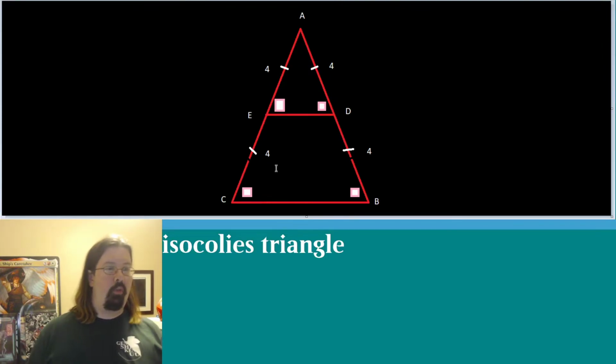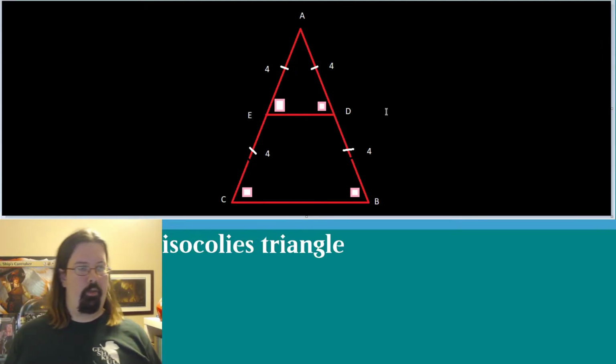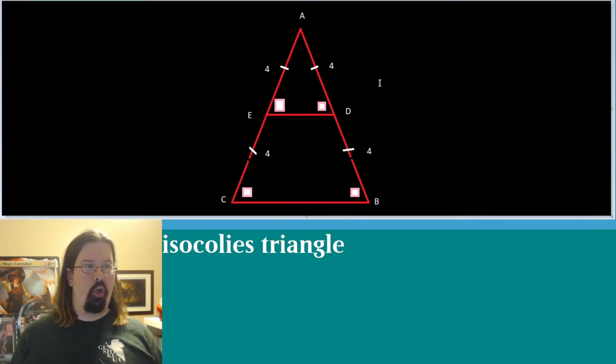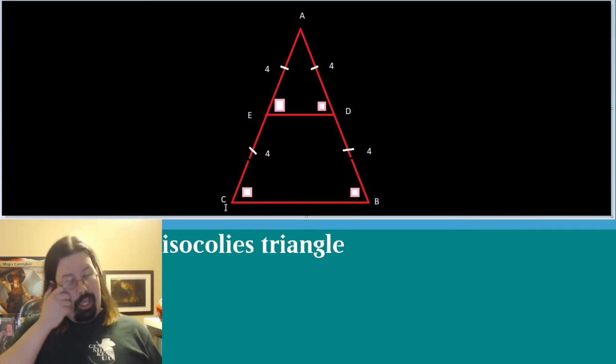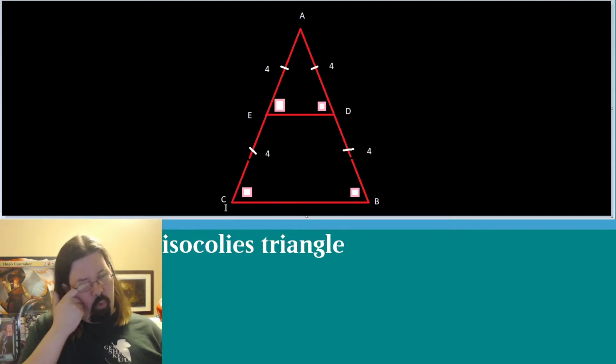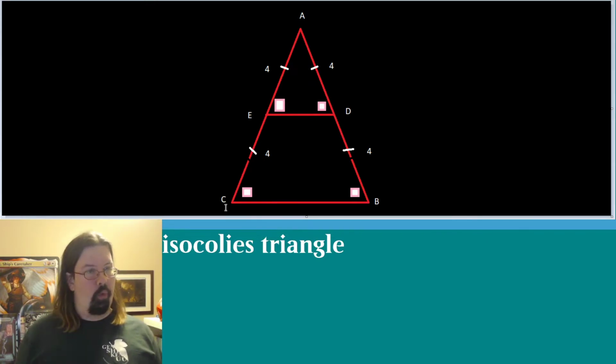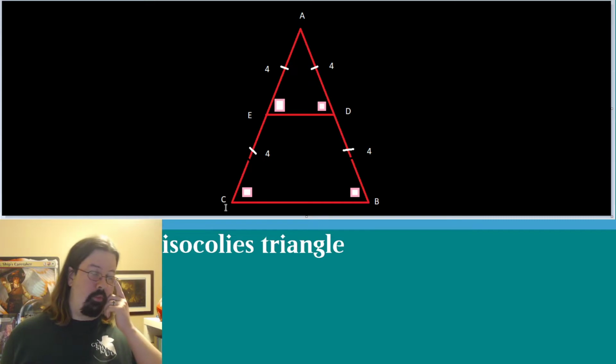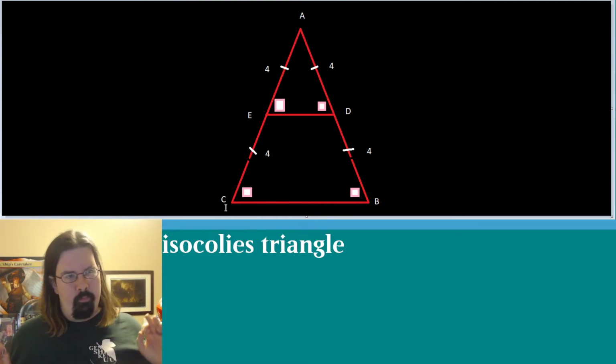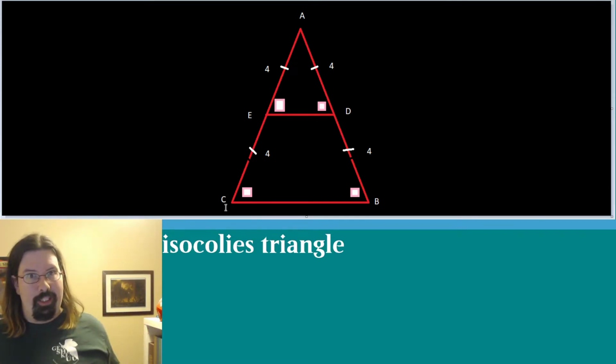So we have all of these 4s right here. So the total length, AC, is 8. And so AE is 4, EC is 4, AD is 4, DB is 4, and AB and AC are 8 each.